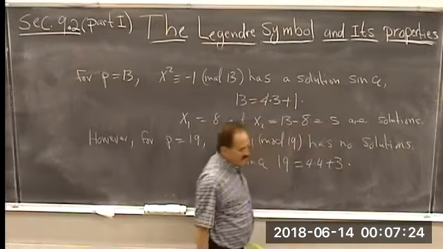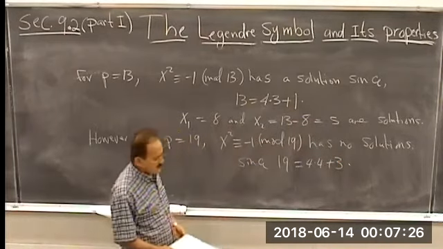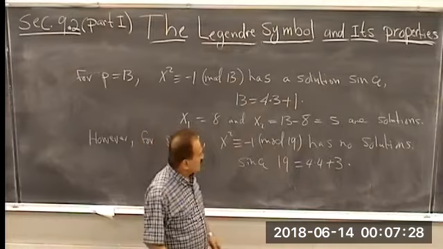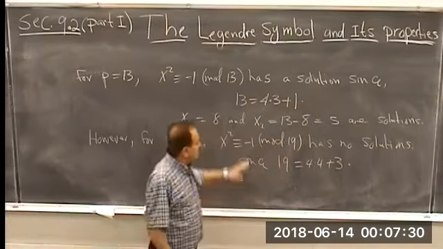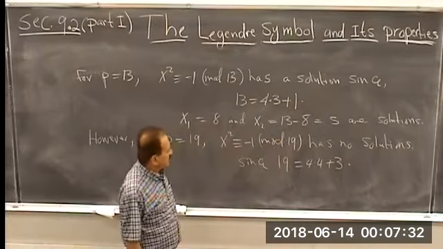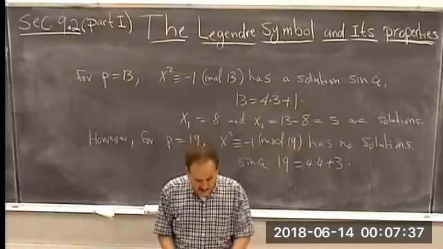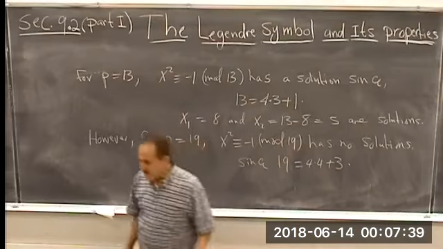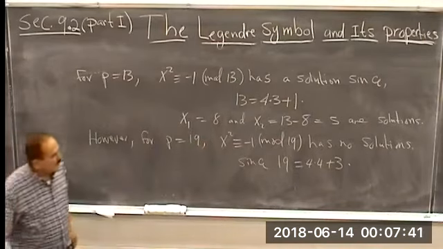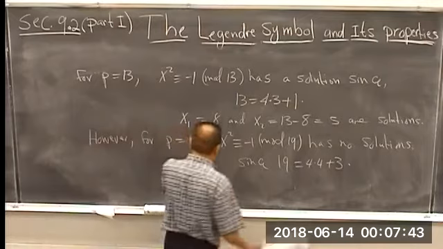So it is of the form 4k plus 3. All right? No integer from 1 to 19 actually satisfies this congruence equation. All right, let's see how we can evaluate a couple of examples of the Legendre symbol.